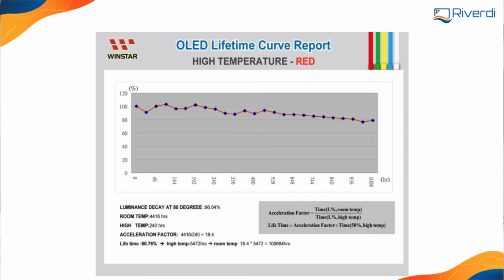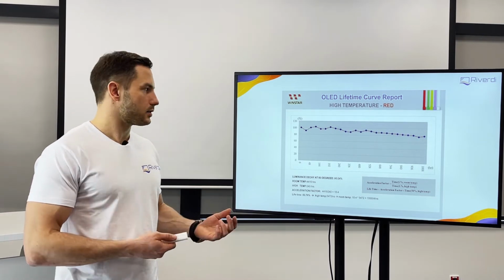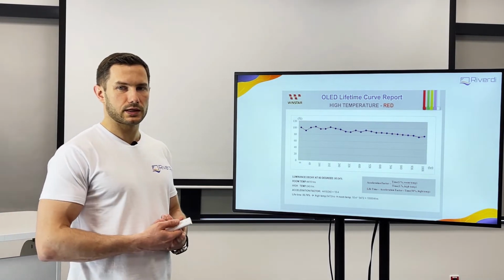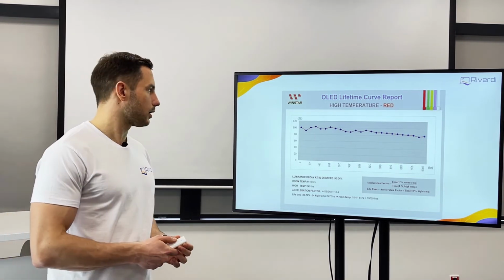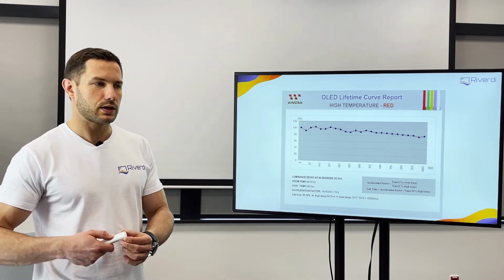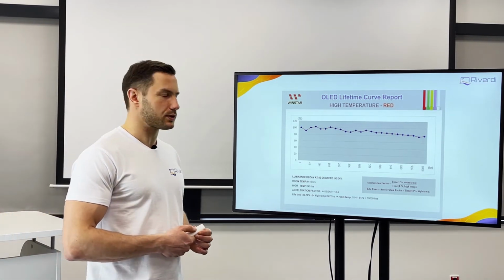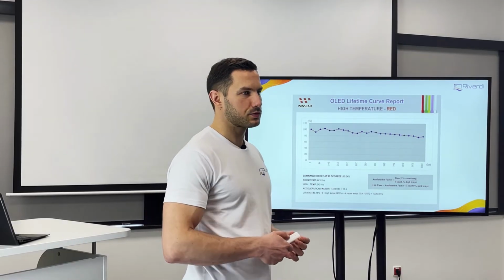For industrial TFT displays, we typically have a 50,000 hours lifetime. Lifetime is calculated until the display has half of the initial brightness. It's the same for OLED, same for TFT. So when you say the display has a 50,000 hours lifetime, it doesn't mean it will be dead after 50,000 hours. It means that on average the brightness will be at 50%, and here it will happen after 100,000 hours, which is very, very long.